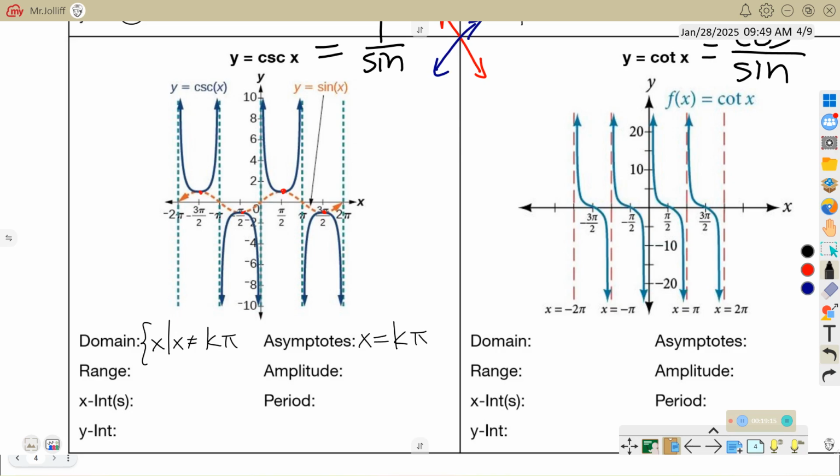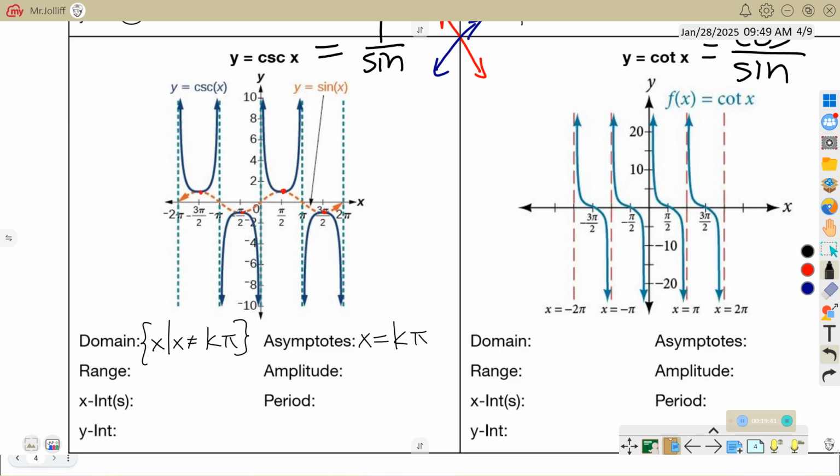Very good. What about the range of this guy? Range is output. What do we see? You can see Jaylee wants to say something. What are you thinking, Jaylee? Yeah, I agree. Same as the last one.